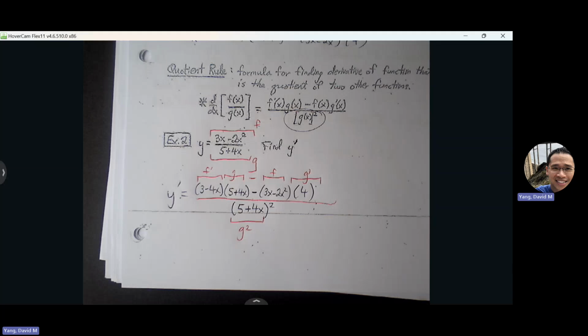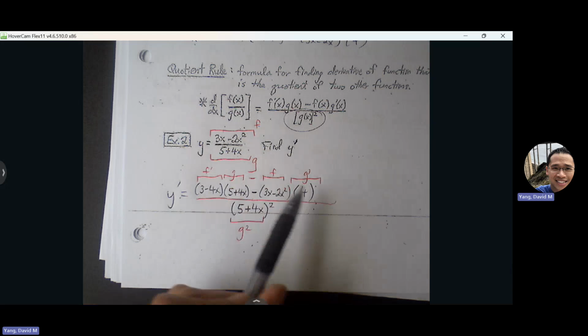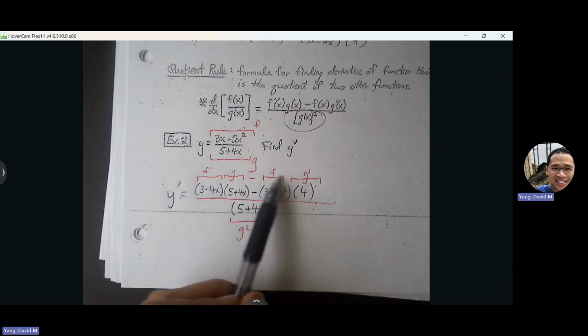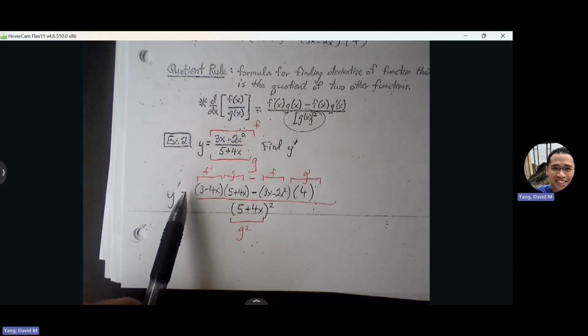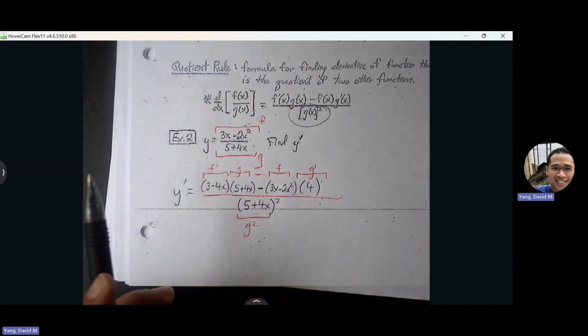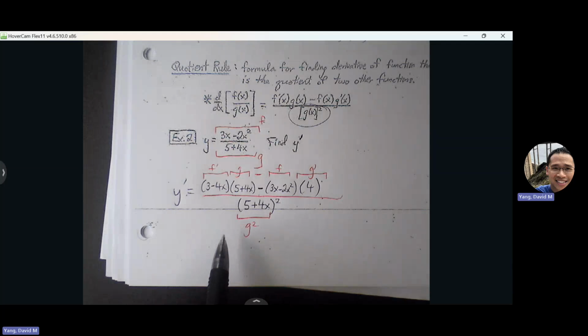Sometimes you may be asked to simplify or clean up the numerator. And we'll do that later if we need to. But technically, yes, we could clean this up by expanding and distributing, combining like terms from the numerator. But one thing to note is that if you're cleaning up your derivative for quotient rule, you're largely going to leave your denominator alone.